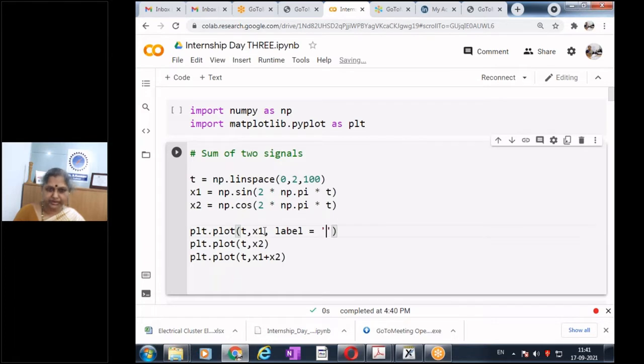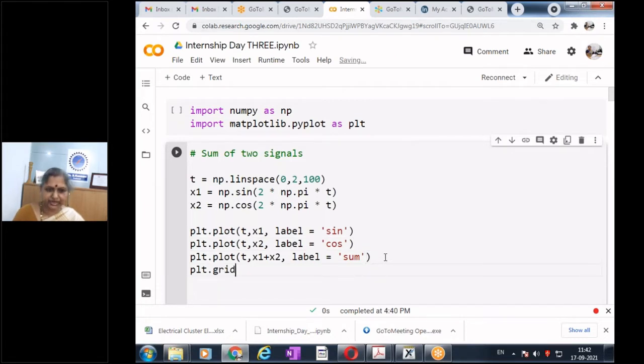The first one is a sine function, the second one is a cosine function, and the third one we'll simply put as sum of the signals. It is good to have the grid, so let us have the grid. We want the legend as well. So let's run this and see.